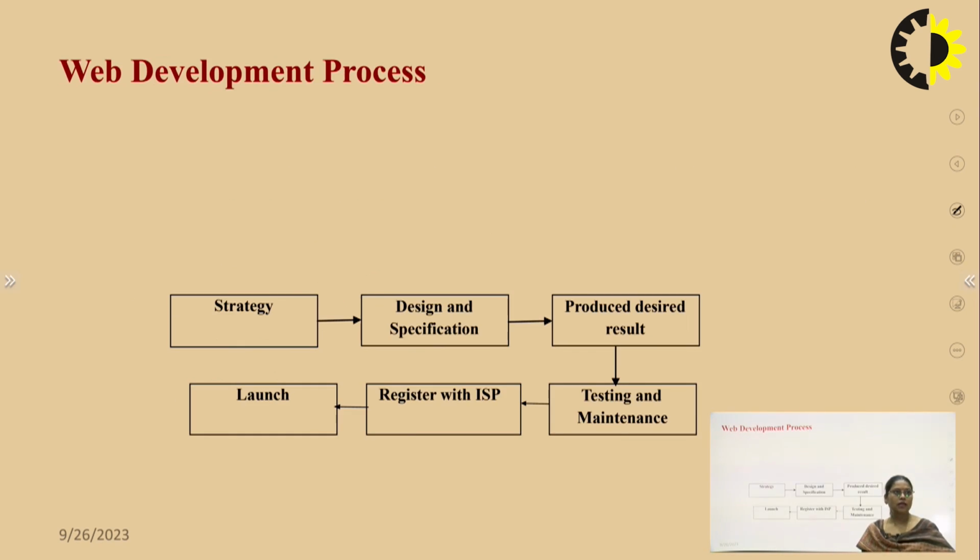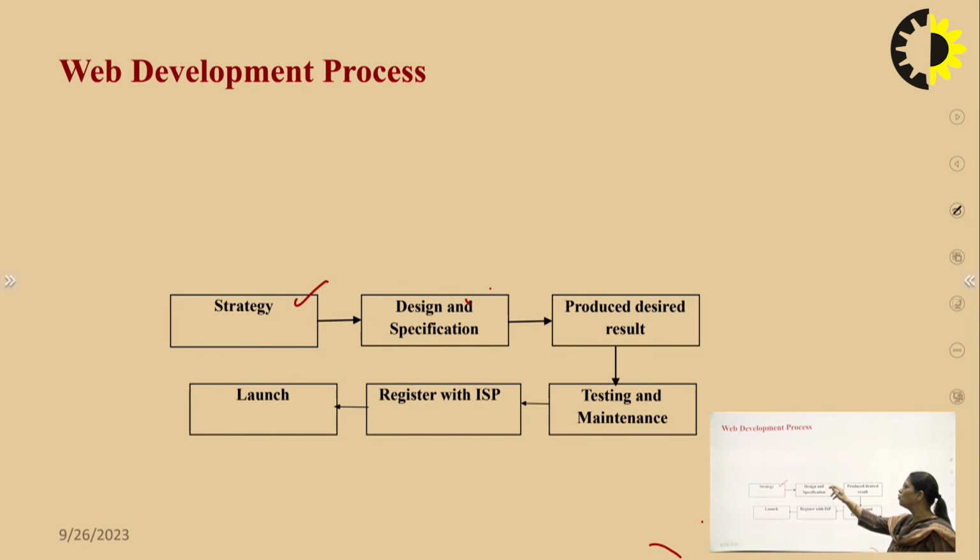Now this is our web development process: how we can develop web applications, how we can host them, and how we can register them over the internet. First of all, we have to define the strategy, after market survey or research, for the web application.